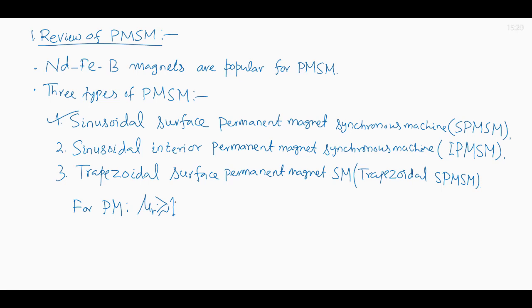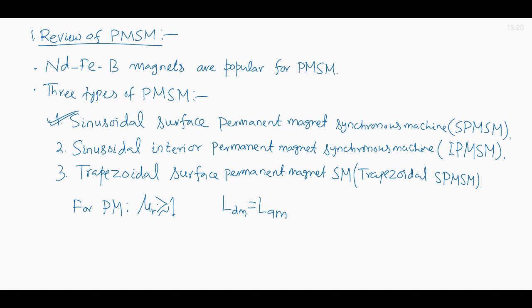So in sinusoidal SPMSM, first type, there is no saliency on the rotor. Because there is no saliency on the rotor and permanent magnet is just glued, LDM equals LQM, magnetizing inductance along D axis and Q axis is one and the same. So machine has low magnetizing inductance, so magnetizing reactance is also low.